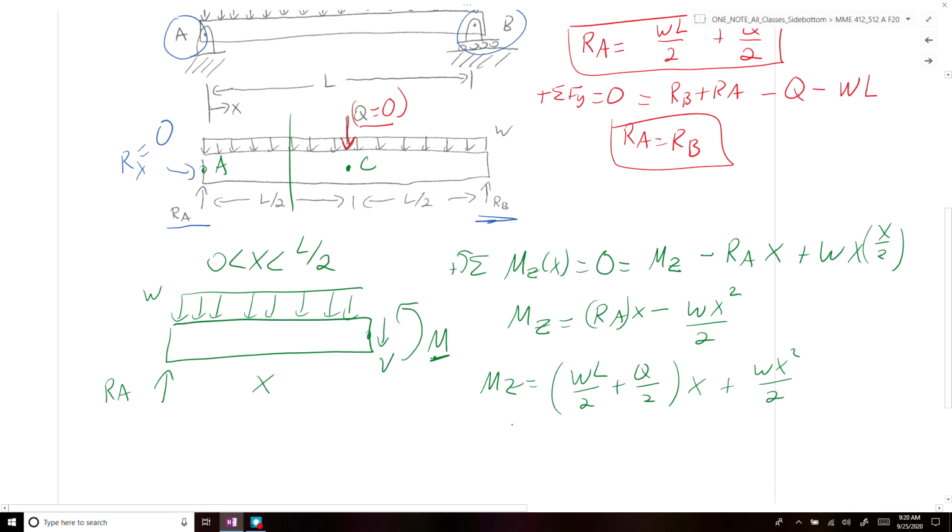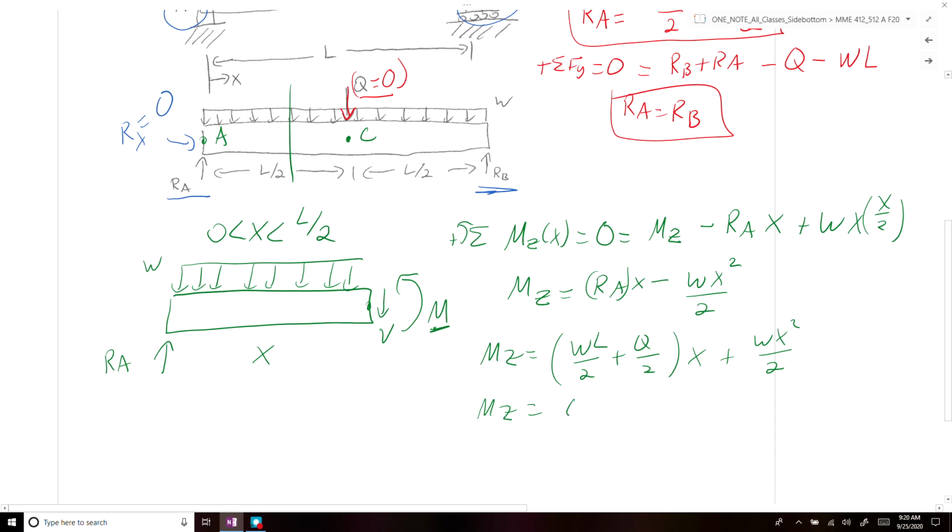So M of Z is going to be equal to Q over 2 x plus W x over 2 times L minus x. Sorry, that should be L minus x.